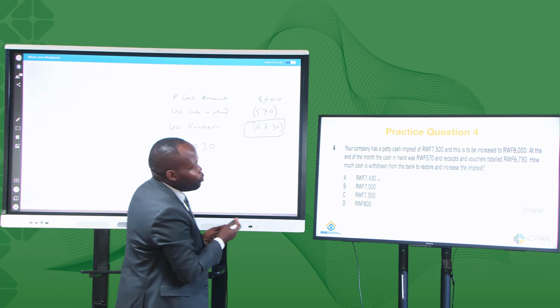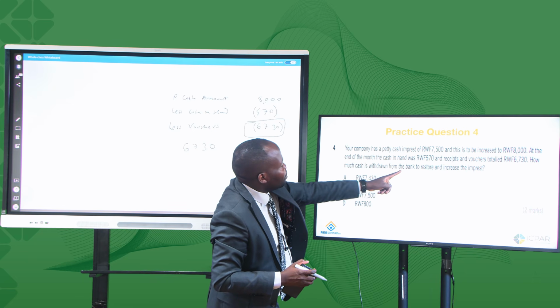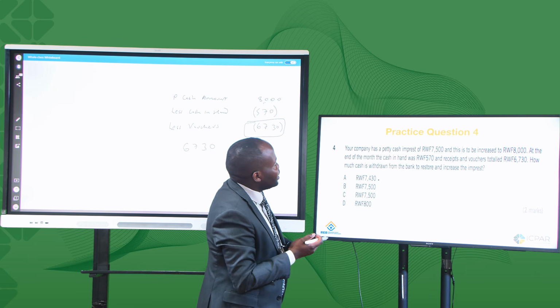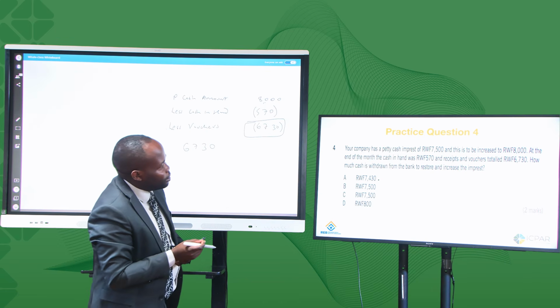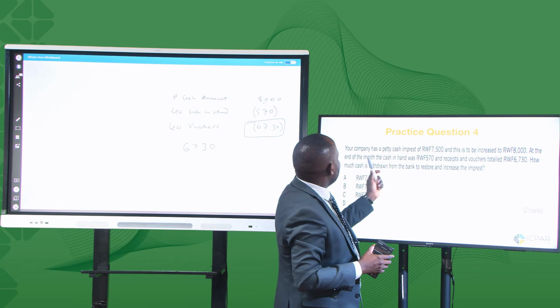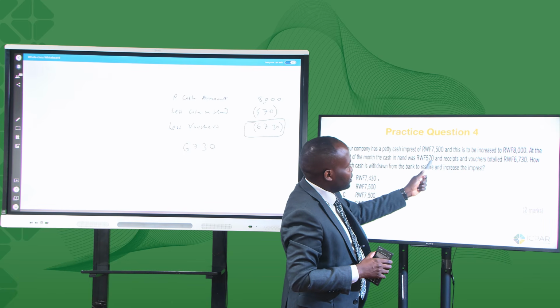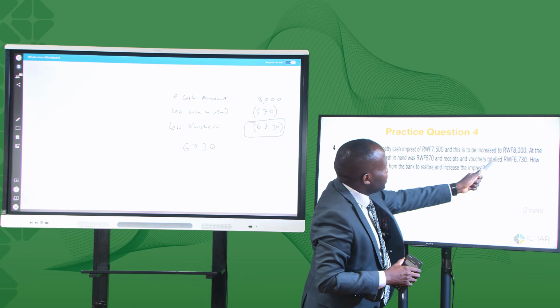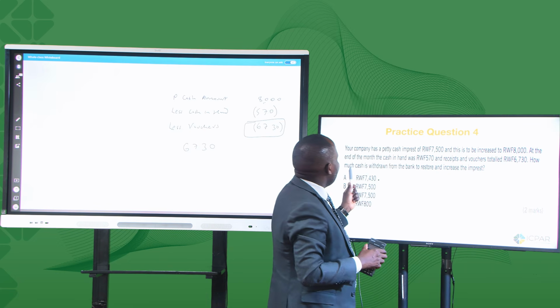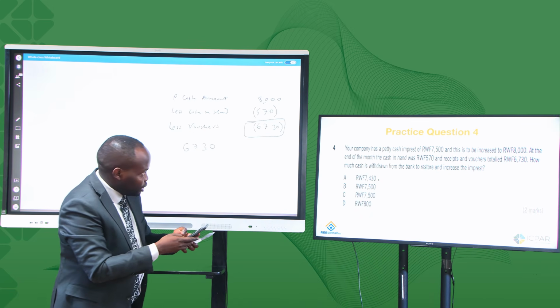How much cash is withdrawn from the bank to restore the increase in the imprest? So remember we have spent, at the end of the month, the cash we are remaining with is 570. The receipt is 6730.